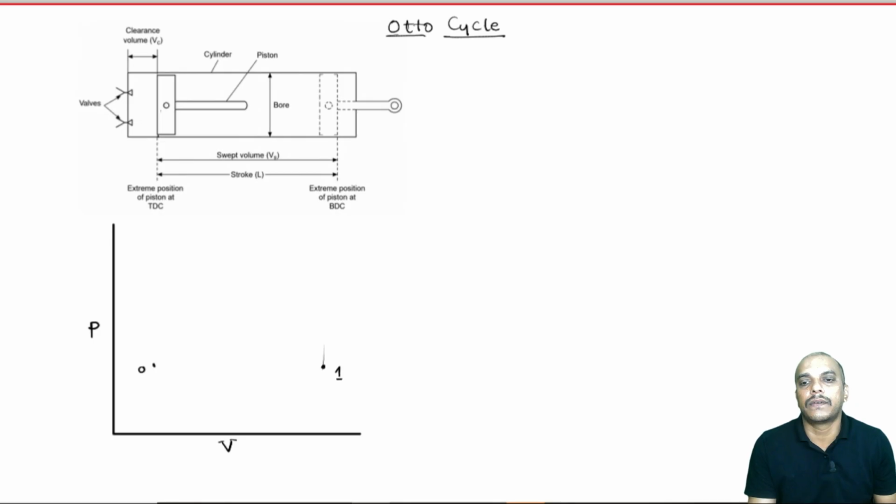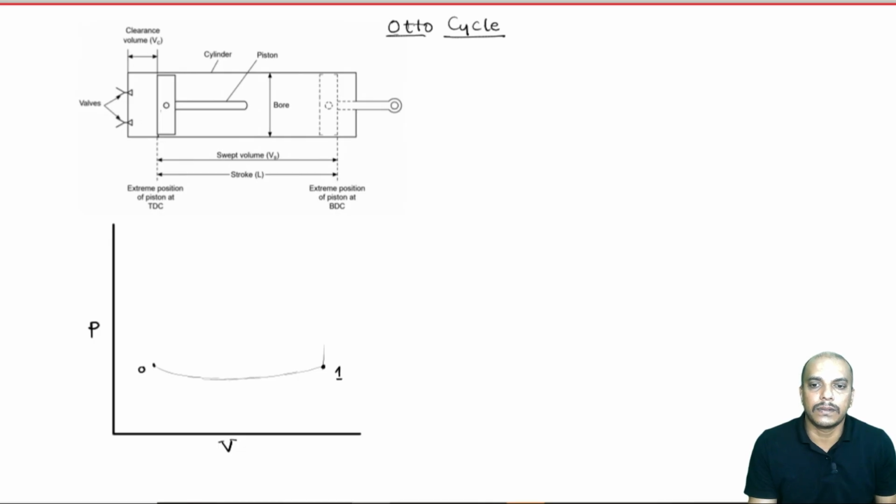Why are we starting it from 0? I will tell you. Okay. Now, actually the pressure drop happens and it is recovered by the charge coming in. So, in reality it will be something like this: pressure is dropped and it is recovered as the charge comes in, but we cannot analyze that process unless we have something easier, because we have ideal processes like constant pressure, constant volume and so on.